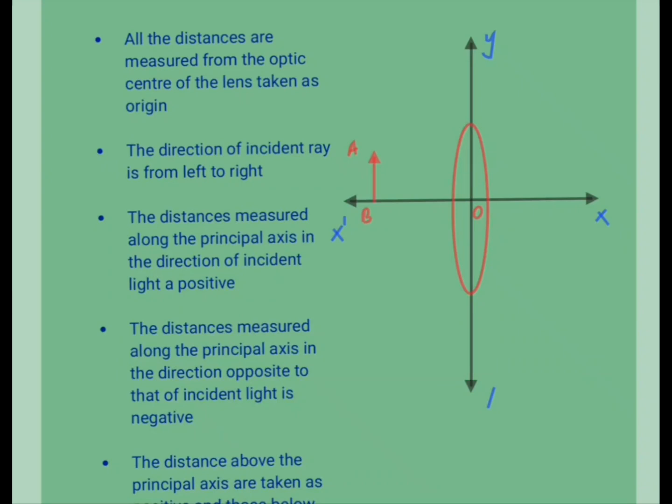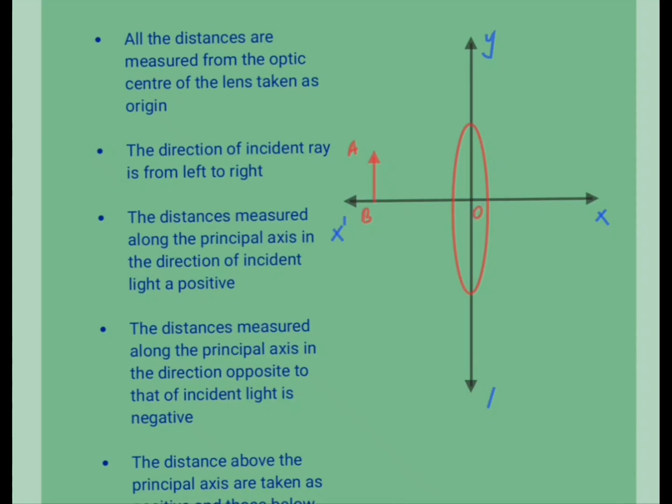If you compare it with a graph, then it will be easy for you to learn. In a graph we always do the measurement from the origin. So imagine that our lens, whether it is convex or concave, is placed on the y-axis, so that the origin and the optic center of the lens coincide.